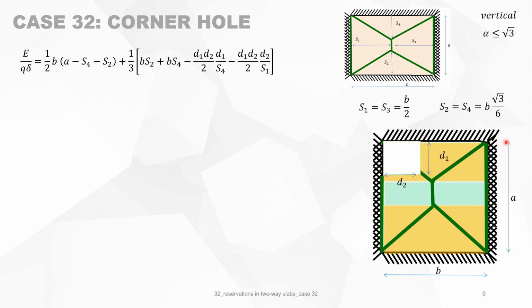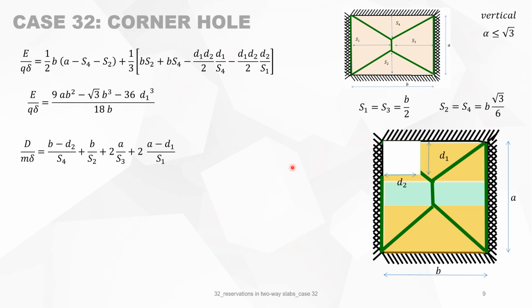The reservation is part of two rotation axes, so for this rotation axis, we will have D2 times D1 divided by 2, multiplied by the maximum deflection there, delta times D2 divided by S1. And for the other portion, D2 times D1 divided by 2, multiplied by delta times D1 divided by S4. So then this total sum must be multiplied by the mean deflection, which is delta over 3. Substituting S2 to S4, we got this formula.